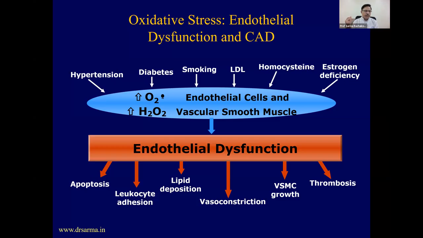That causes endothelial dysfunction. Endothelium is the largest endocrine gland of the body. Apoptosis occurs, leukocytes start adhering, lipids get deposited, vasoconstriction occurs, and then there will be vascular smooth muscle growth and thrombosis. All of them are pro-atherogenic in nature.